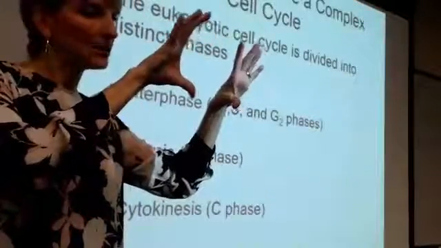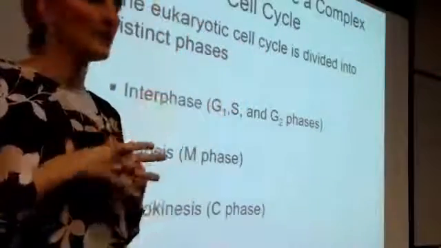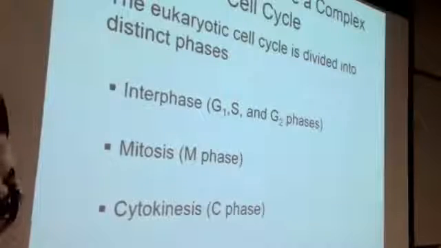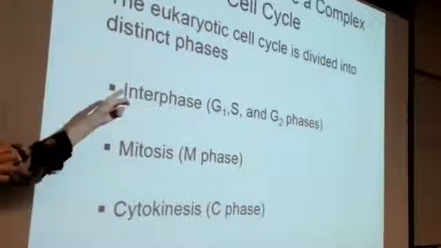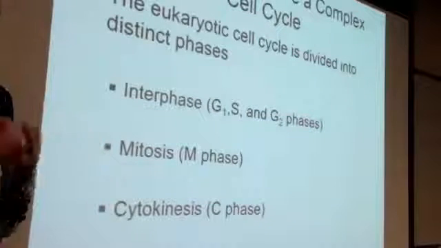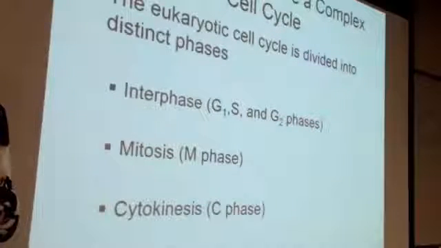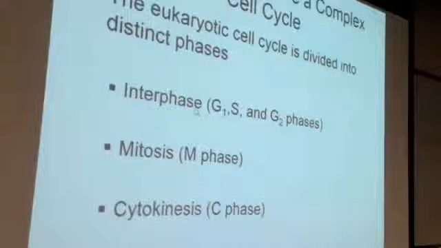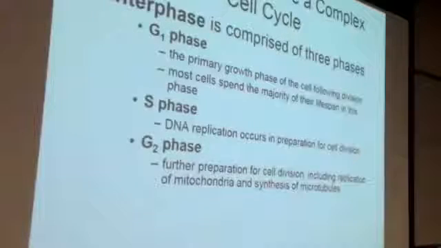And it might get a little bit bigger, but other than that, you're not seeing anything happen. And so when they were first looking at that and watching it occur, they named it interphase because they thought it's a resting phase, it's just in between divisions, and didn't think really anything was going on. Well, we know now that there's lots of stuff going on, and we can divide interphase into 3 parts, and that is G1, S, and G2.